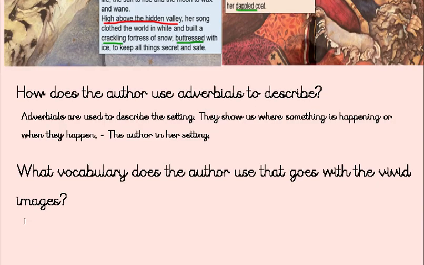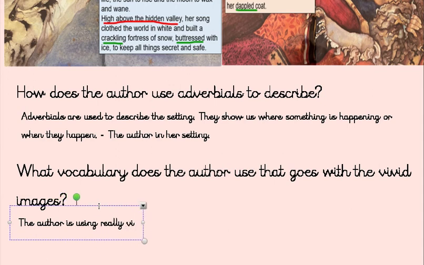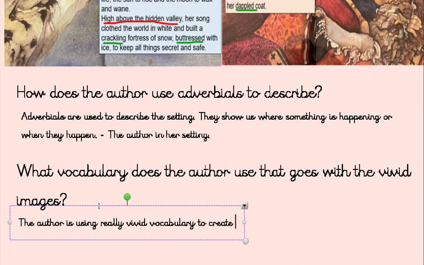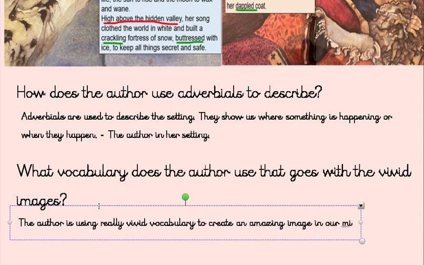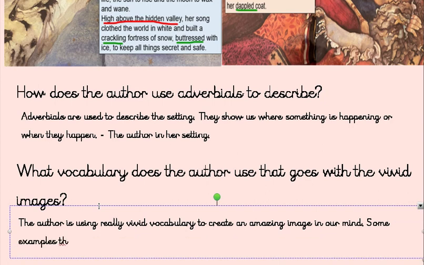So the author is using really vivid vocabulary, and what does she do it for? To create an amazing image in our mind. And we can even see some examples that we looked at, included buttressed and dappled.